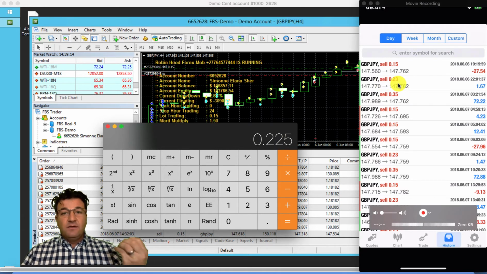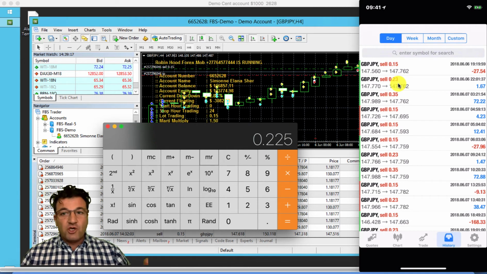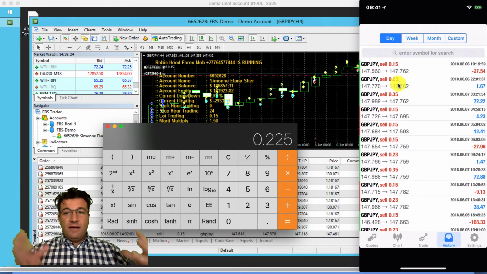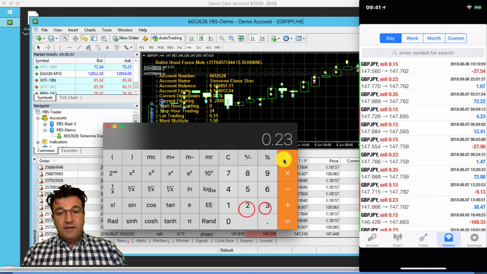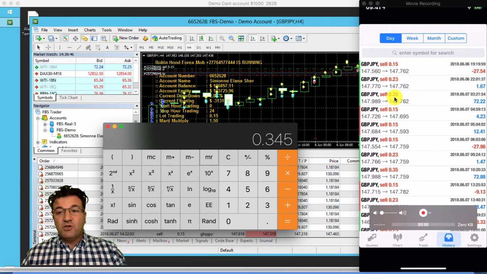Now, if it still is going in the wrong direction, the bot will then buy again at 1.5 times more than the previous transaction, which is 0.23. So let's clear the calculator. 0.23 divided by 2 equals, and then memory recall is plus 0.35, which is this transaction over here.